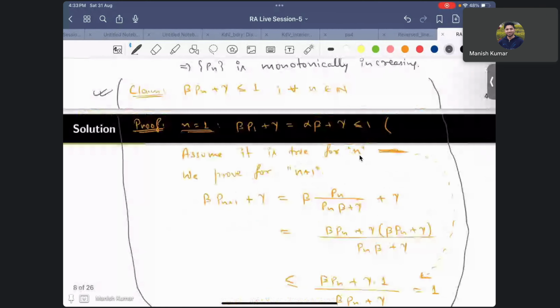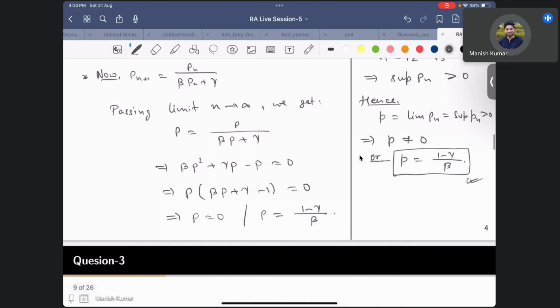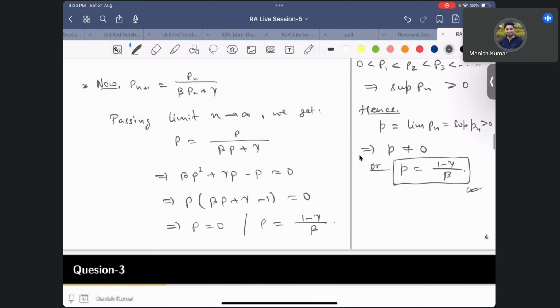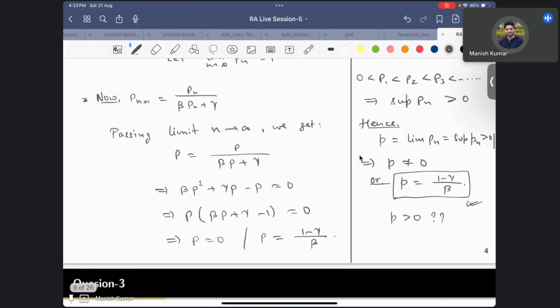Yes, sir. Okay, so now I have one doubt. Can you make sure how this P is greater than 0? Because I have mentioned that the supremum is always greater than 0, it cannot be less than 0, right? Because it is increasing. All the terms in the sequence are greater than 0, sir.